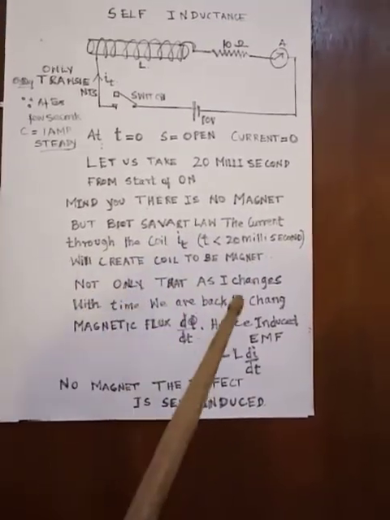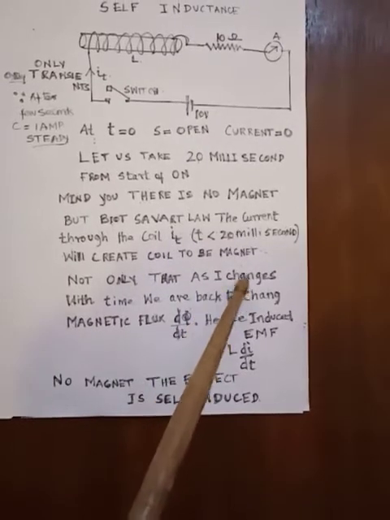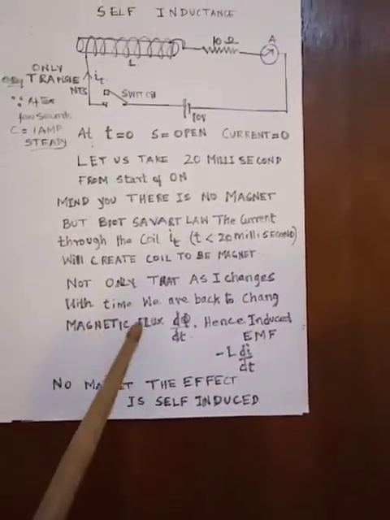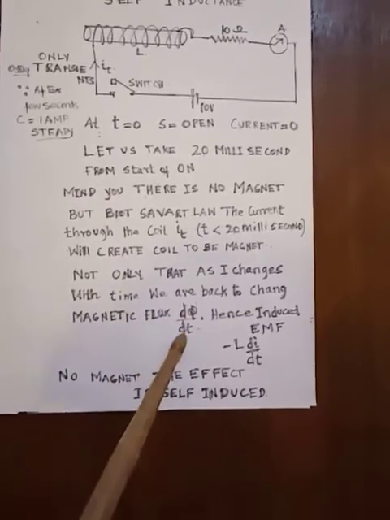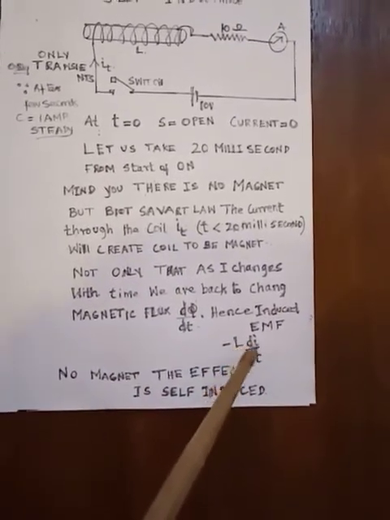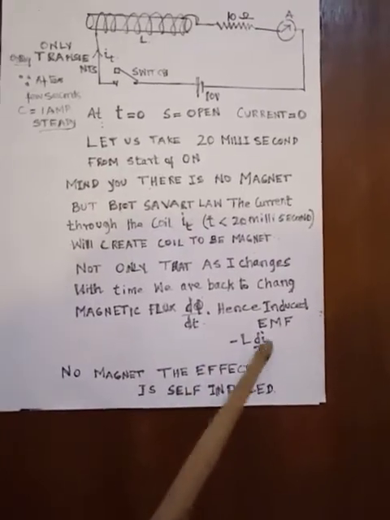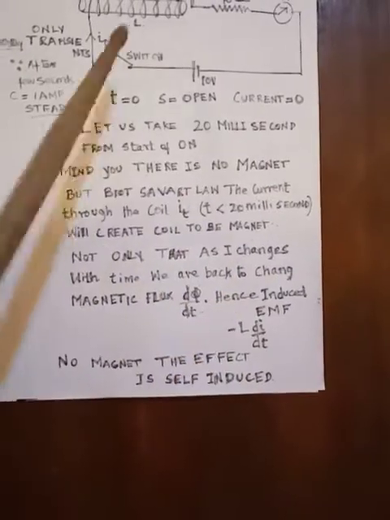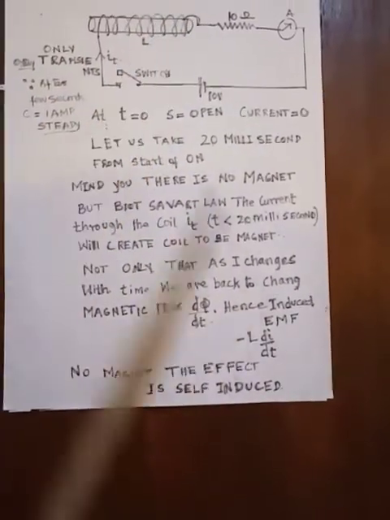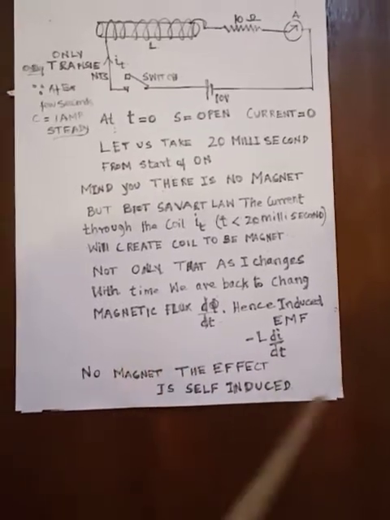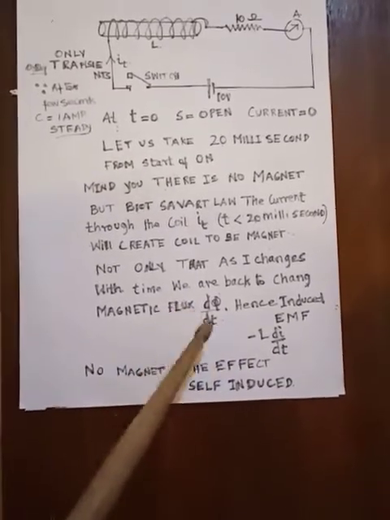Not only that, as current changes with time, we are back to the changing magnetic flux d phi dt, and we'll get induced EMF L di dt. This L is known as self-inductance. No magnet, the current by itself made this coil have self-induced EMF. So children, for the time being, we'll stop here.